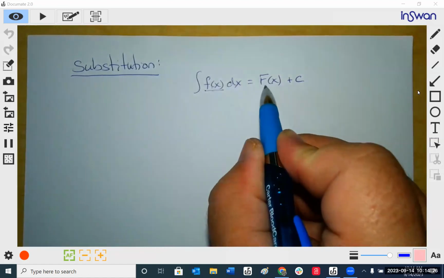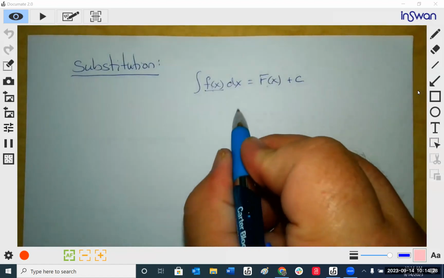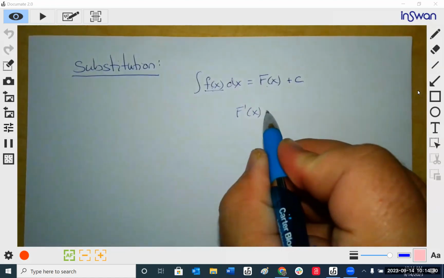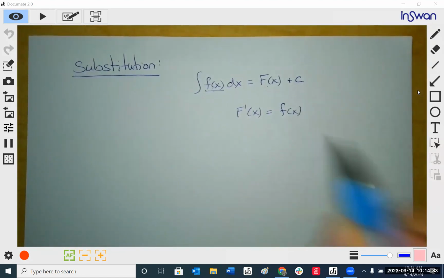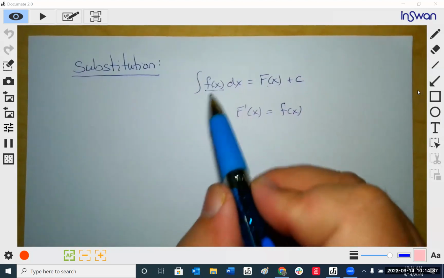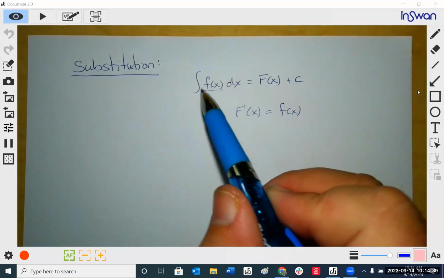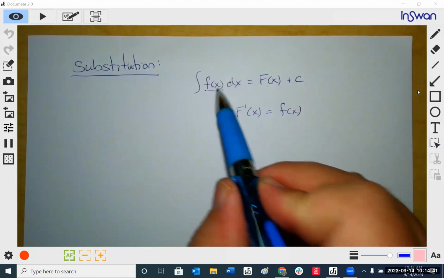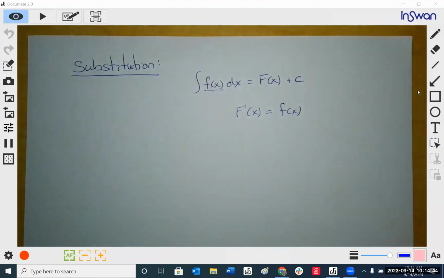This function is actually the derivative of this function. So f prime of x is equal to little f of x. So what we're doing here, when we take an integral, we take the operation of the derivative and find out where the function came from.